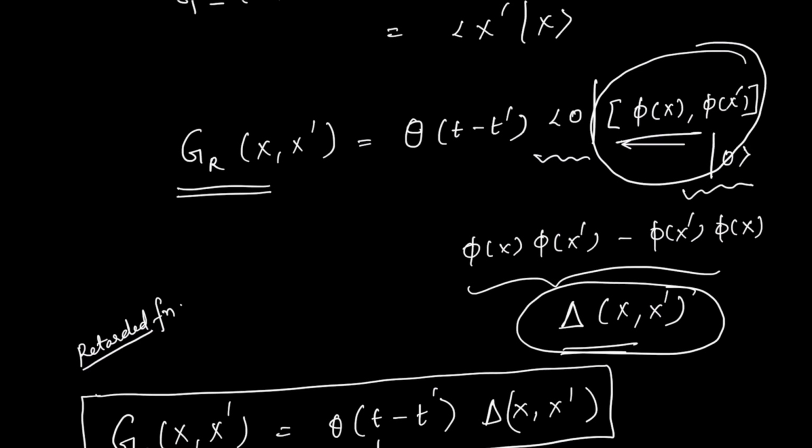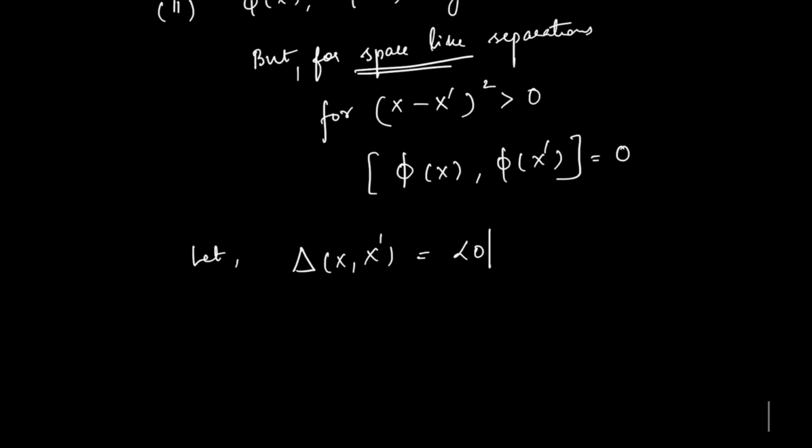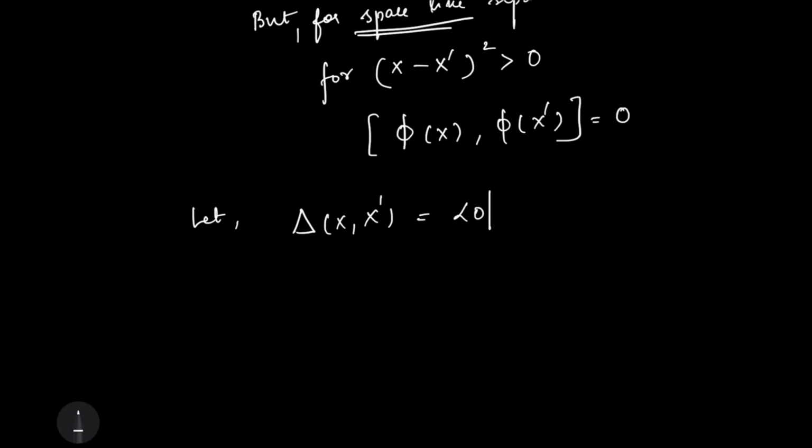Why is it delta? Because there is an expectation value here, 0 and 0. But if I am not writing those expectation values, then it has to be delta cap. So I am not writing the expectation value. So this is an operator, and I can represent this operator by just the commutator of phi of x, phi of x prime. If you look at the commutator between phi and phi prime, there is always a commutator between a and a dagger, right?